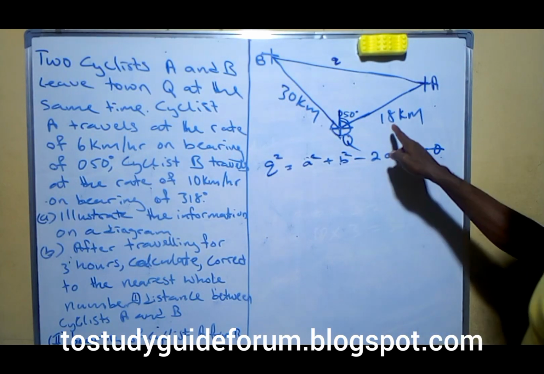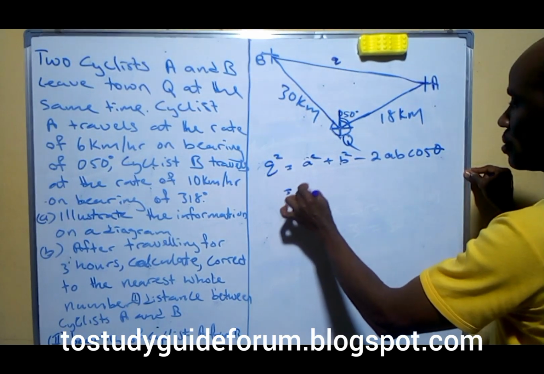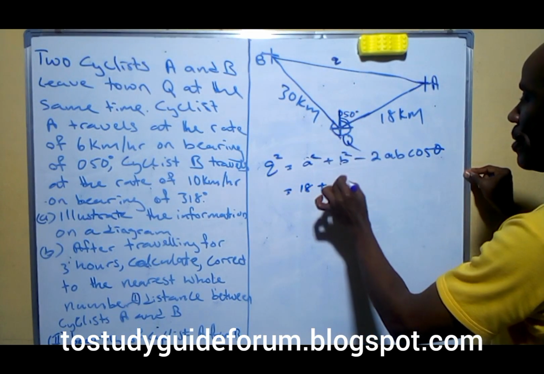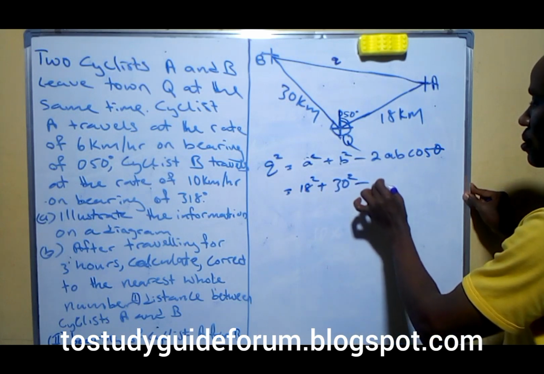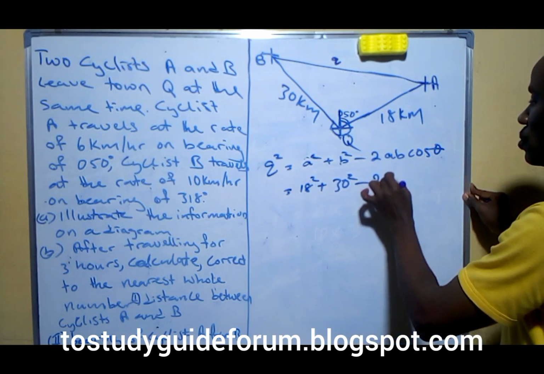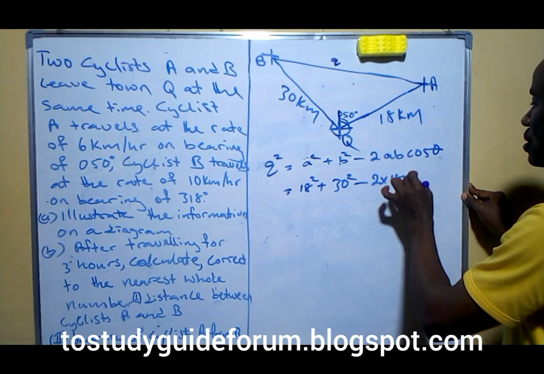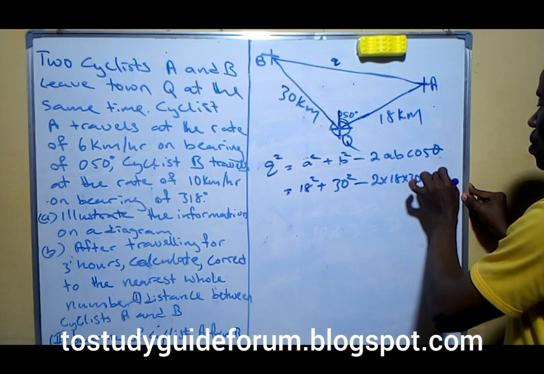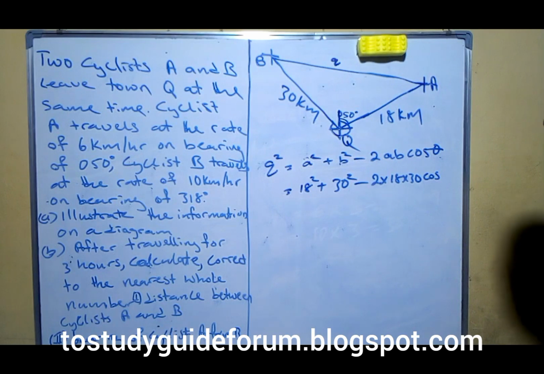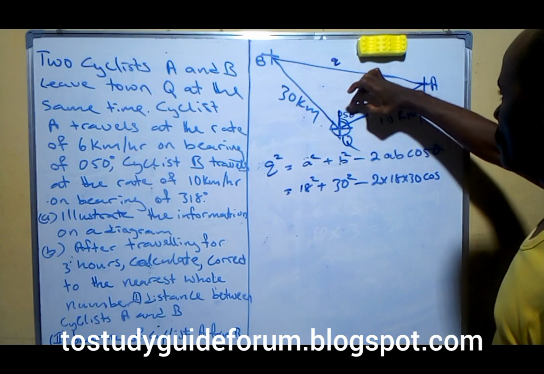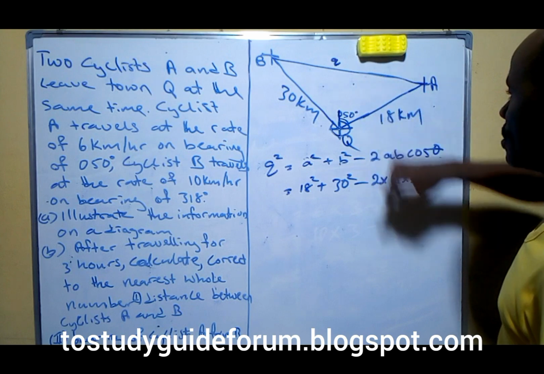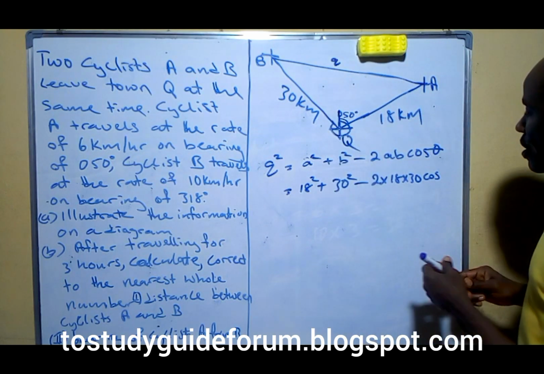Now our a is 18 and our b is 30. So q squared equals 18 squared plus 30 squared minus 2 times 18 times 30 cos theta. This is where we need to look carefully. This place is 50, and we don't know what we have here.